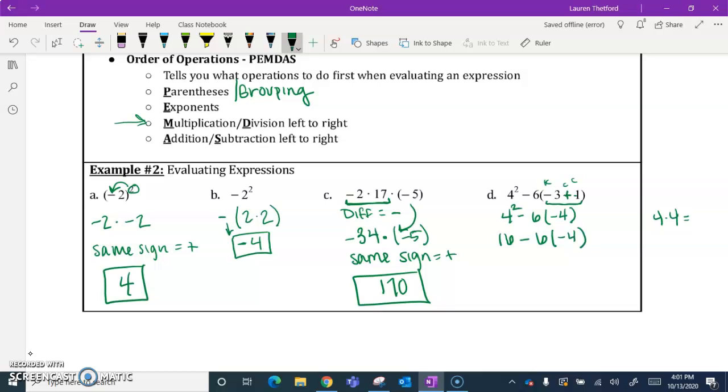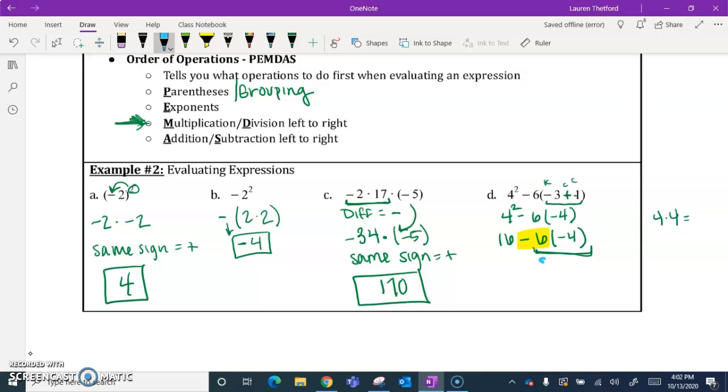All right, so we did our exponents, so now we're here at multiplication or division. So that's this section. Here's the thing that's important about this: even though it looks like just a 6, this subtraction sign goes with it. So this is saying negative 6 times negative 4.